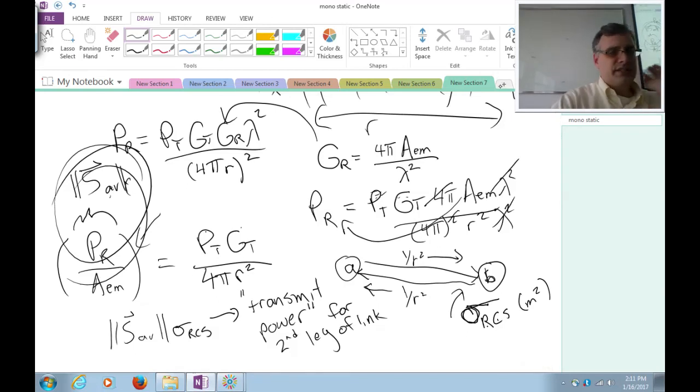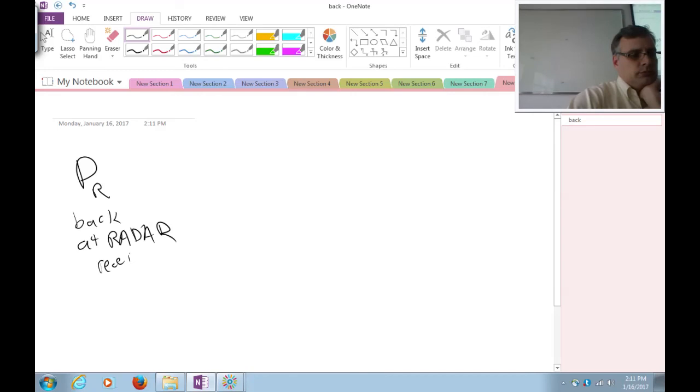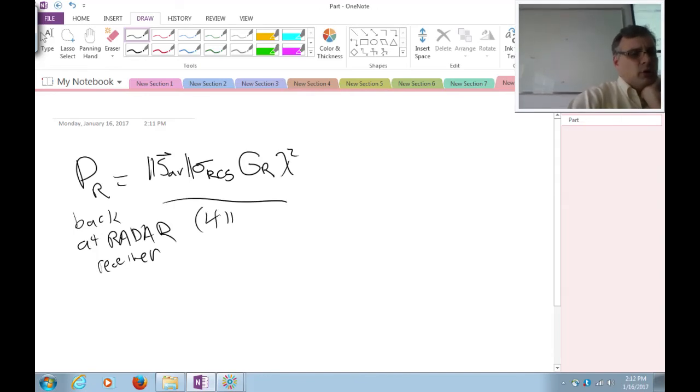So if I conceptualize the link in those terms, then my actual received power back at the radar receiver is really my transmit power, which I said was S_av times sigma RCS times the receiver antenna gain lambda squared over 4 pi r squared, right? This is effectively taking the place of the transmit power in that leg back.